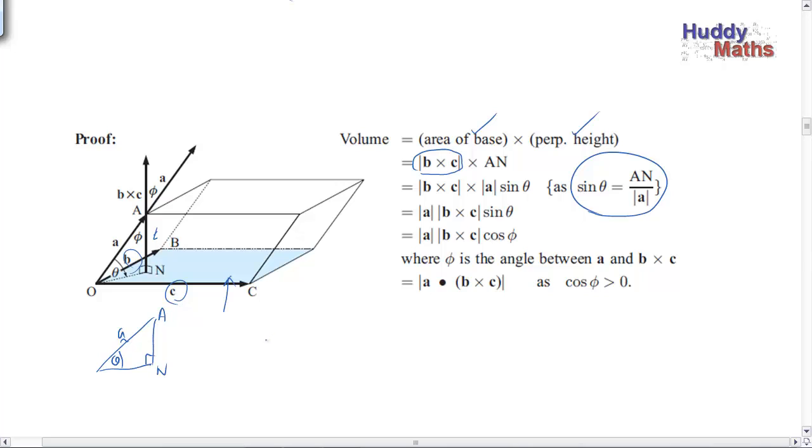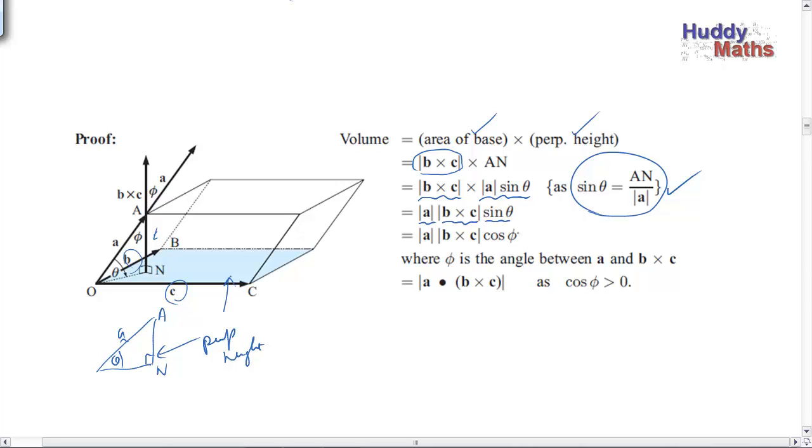So AN over A is the sine of theta, opposite over hypotenuse in that right angle triangle, because it's the perpendicular height we're doing here. Perpendicular height. So you can say that it's the size of the cross product times the size of A sine theta. So let's put A out the front by B cross C by sine theta.